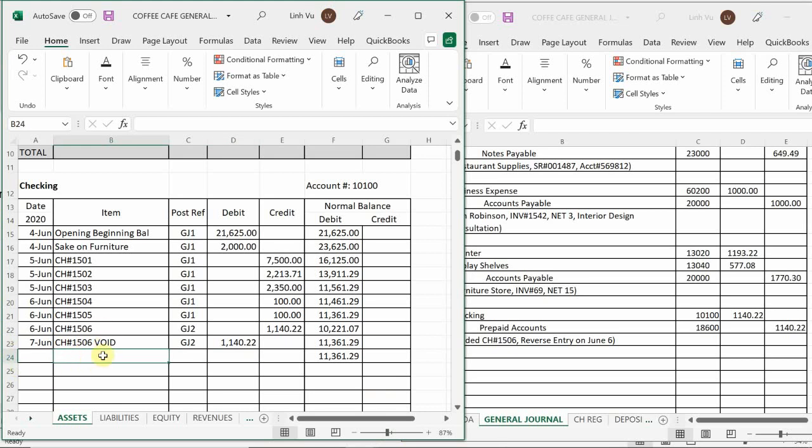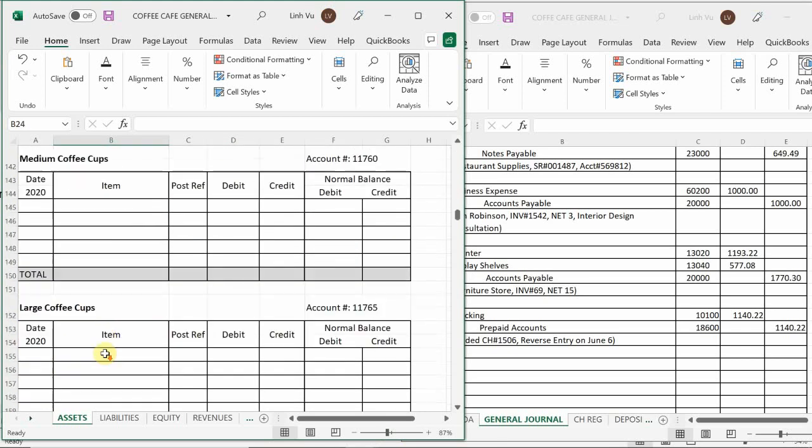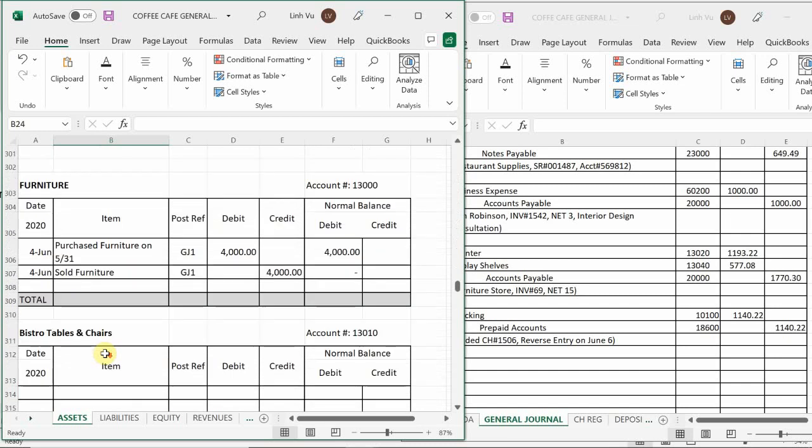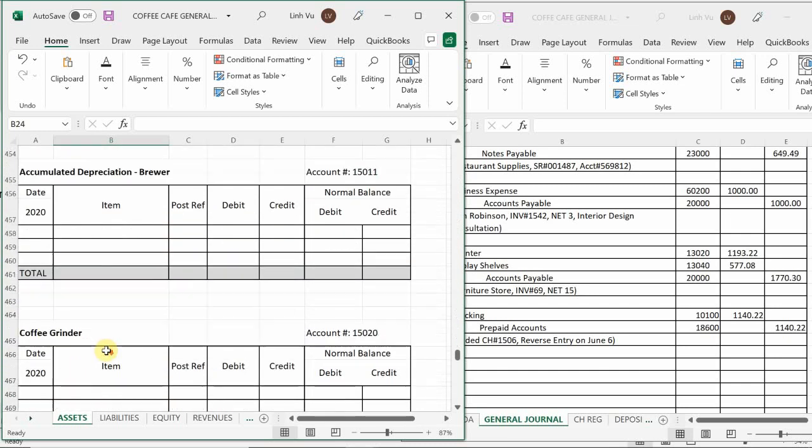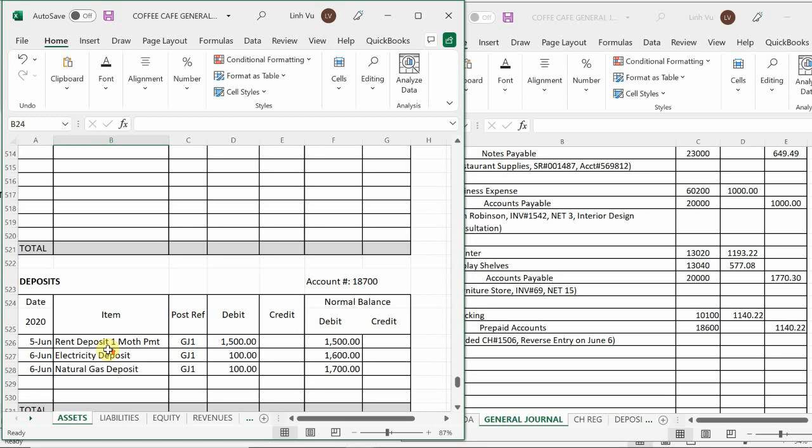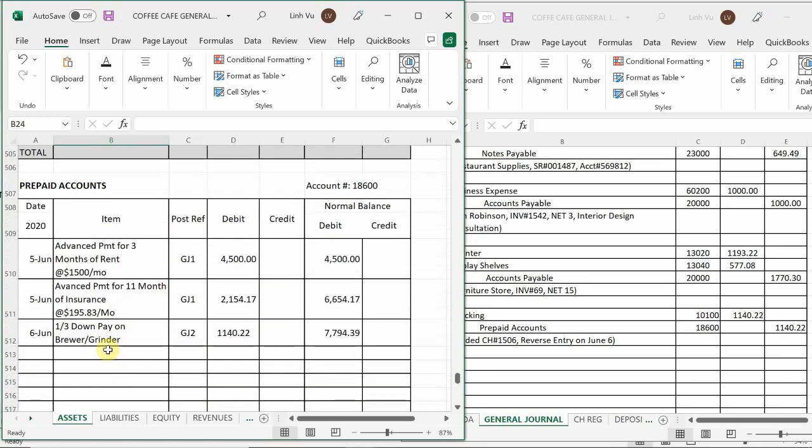Once again, when you void this check, it's also going to undo the deposit or the down payment in your prepaid accounts. So prepaid accounts is going to be this one. We're going to undo this.